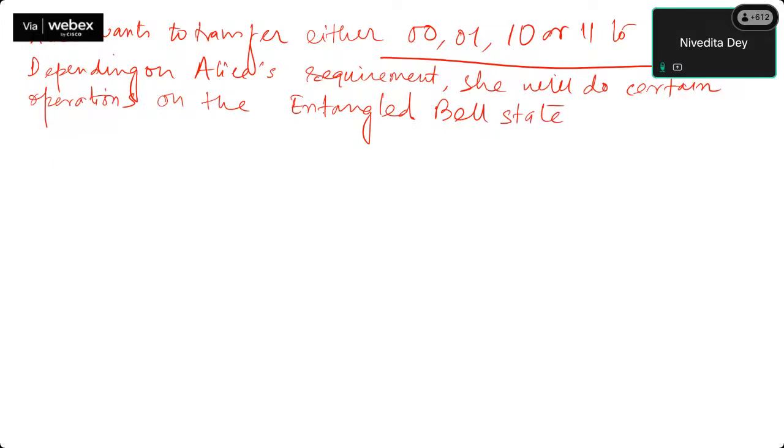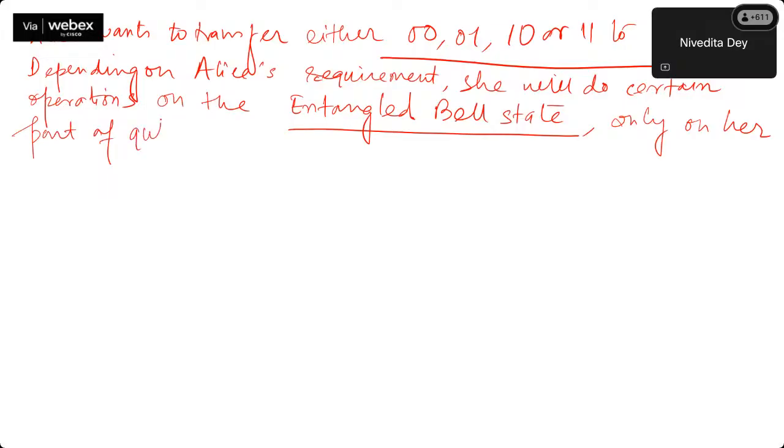But this is something that Alice is doing only on her part of the qubit. Right? Say, for example, this is very important: only on her part of the qubit, not on the entire entangled state.